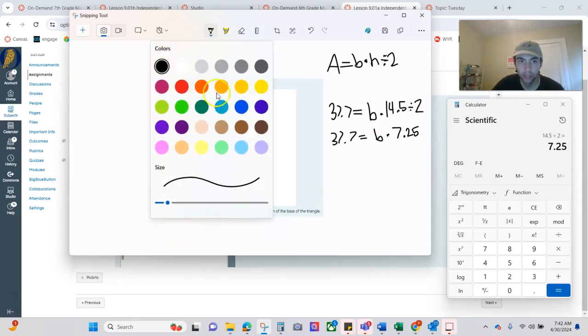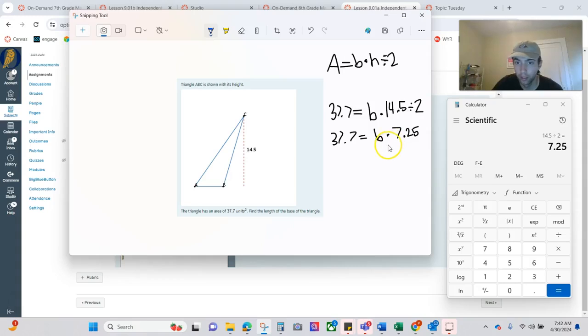I want to move 7.25 over to the other side of the equal sign. And I can do that by doing backwards math. Instead of timesing by 7.25 on the right side, I can divide by 7.25 on the left.